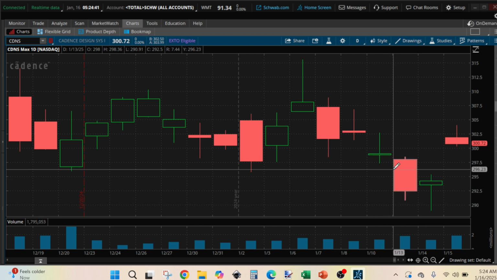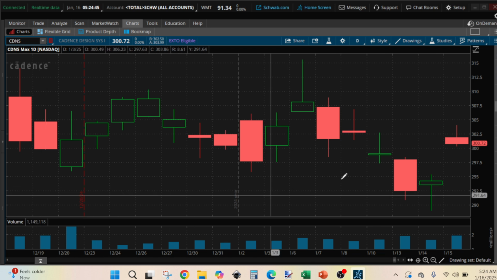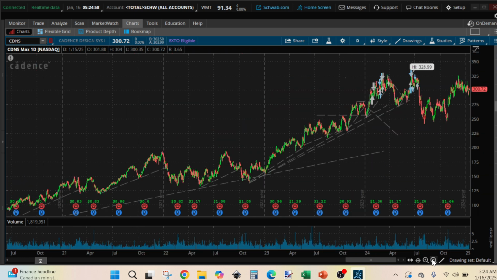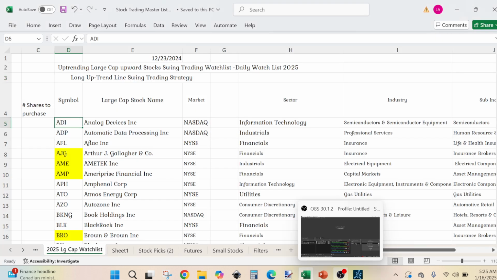So for our uptrend line, we trace our uptrend line passing by the lows of the price bars. And we are going to start with the first one. The first one is ADI.